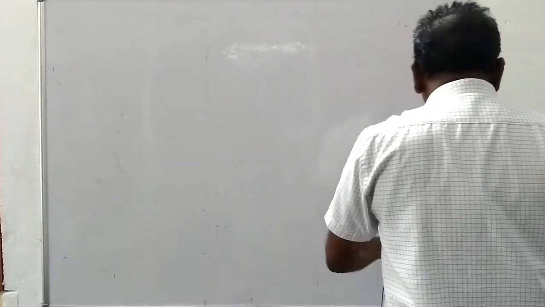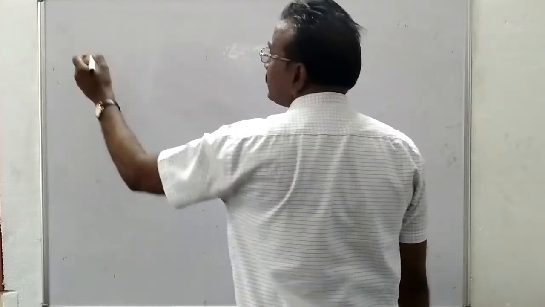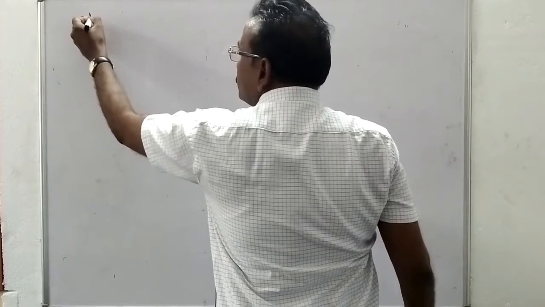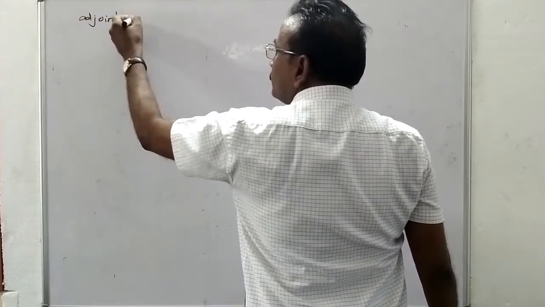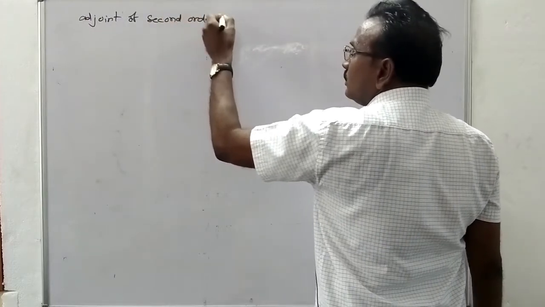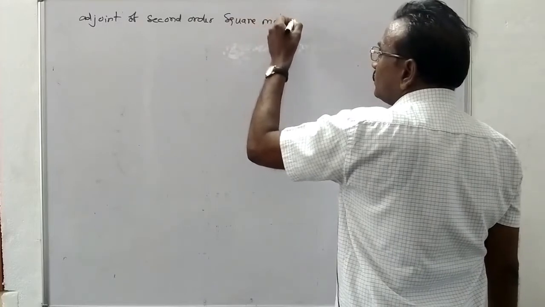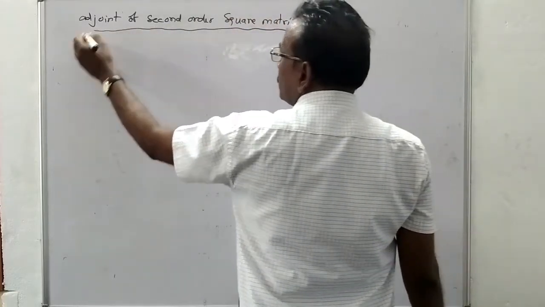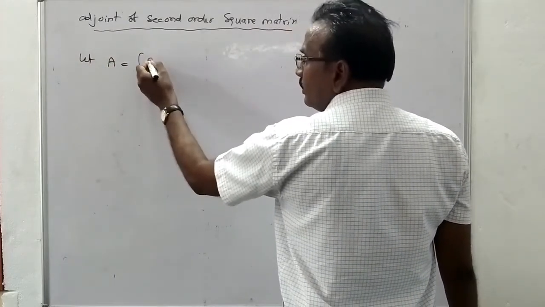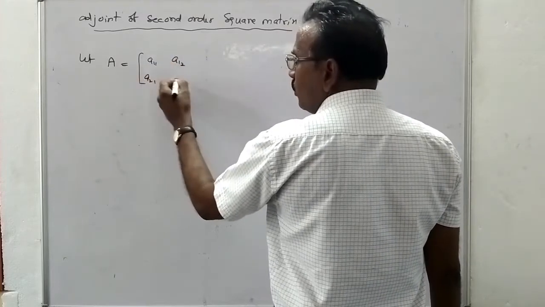Next, how to find the adjoint of a second order square matrix? Let A be the matrix with elements A11, A12, A21, A22.